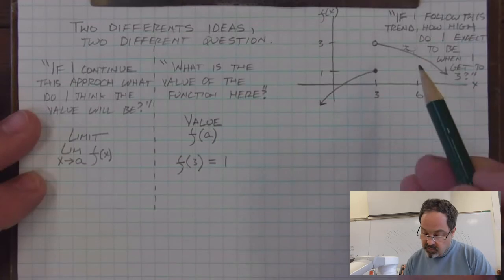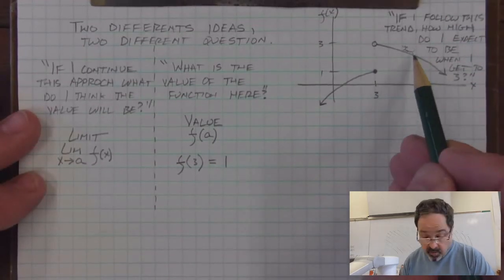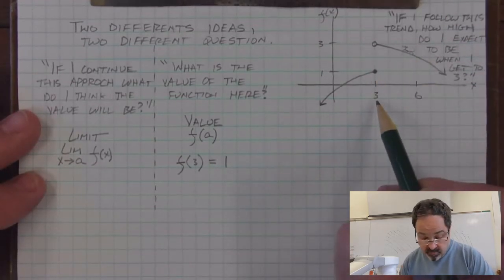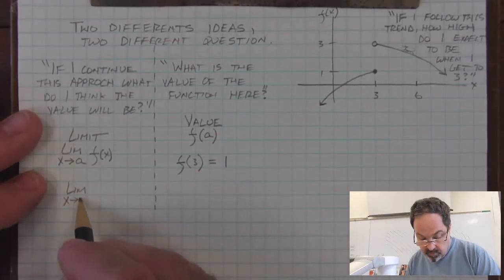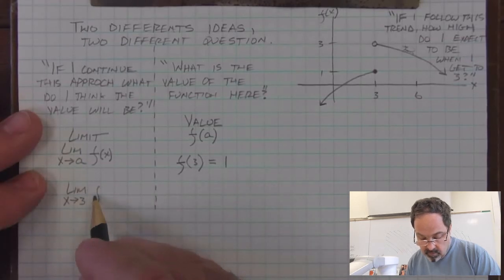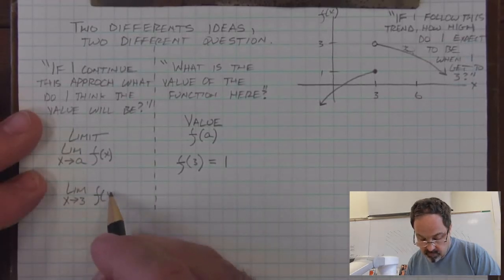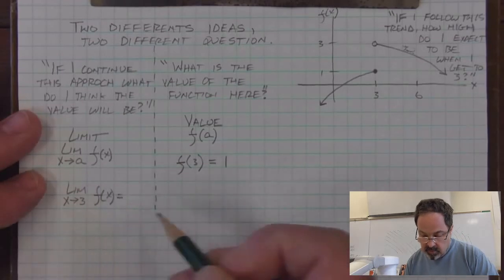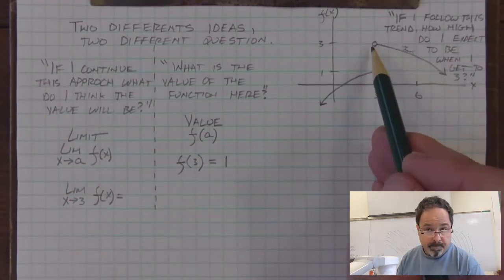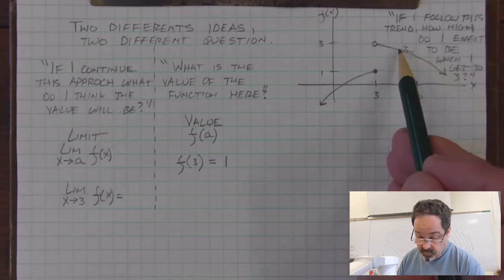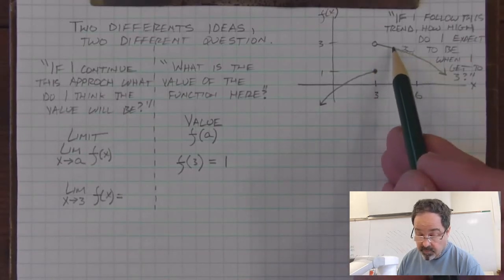And the question that I just asked here about this bug and this function at this place in the domain could look like this. What is the limit as x approaches 3 on this function f of x? So where do we think we'll be? Well, if I continue this trend, it looks like I'm going to reach a height of 3.